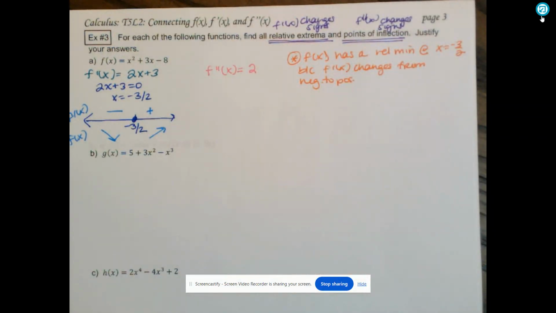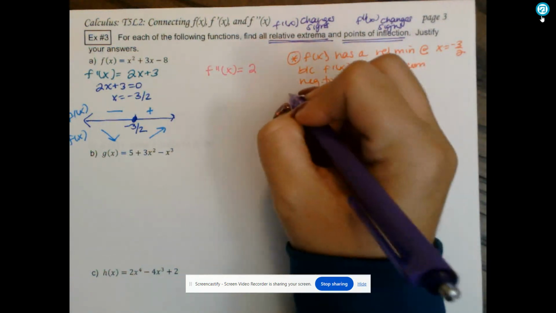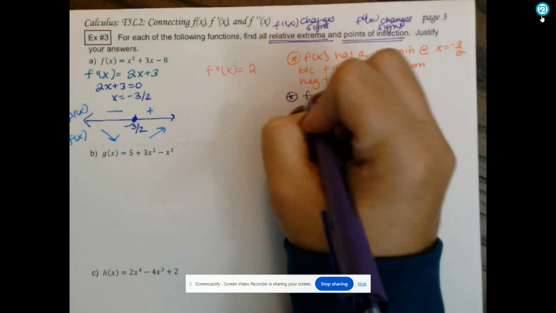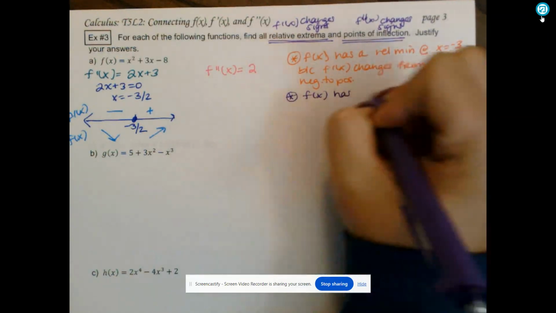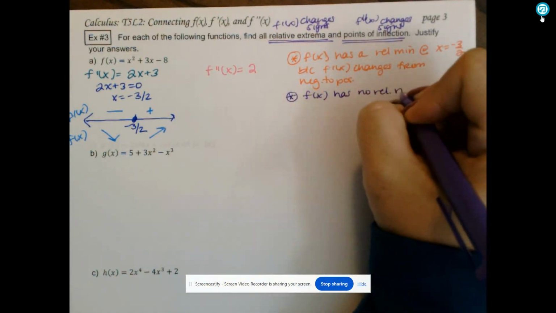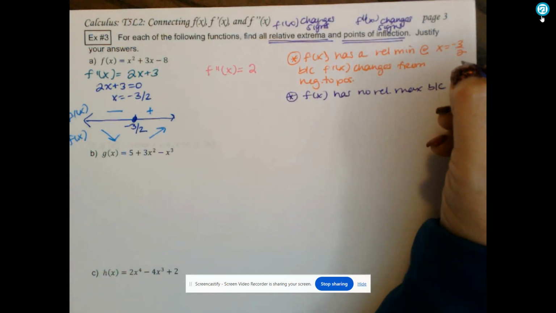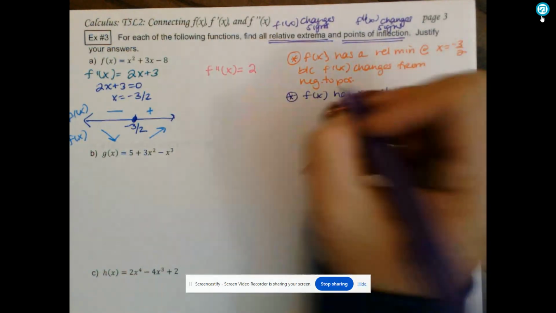Okay. All right, and then likewise, we can go ahead and say that f of x has no relative max because f prime of x never changes from positive to negative.